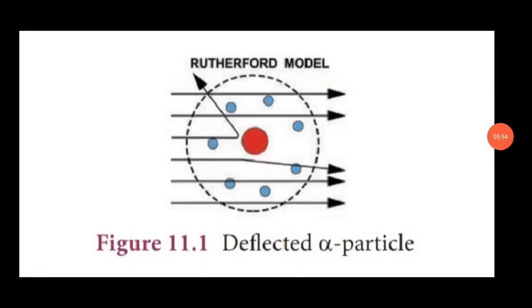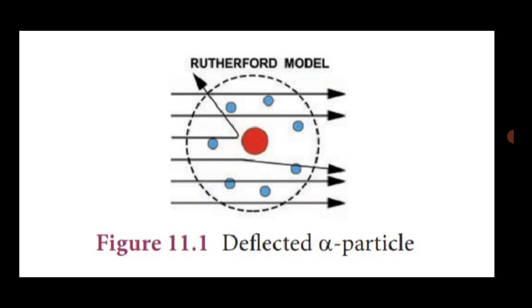See this picture. This is the Rutherford model of the atom. The reflected alpha particles are shown, and the red particles are the gold atoms in the thin gold foil. Most of the alpha particles pass through in a straight line.